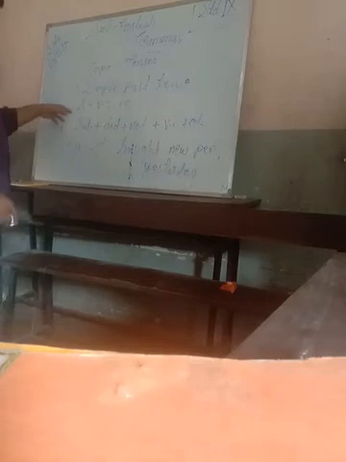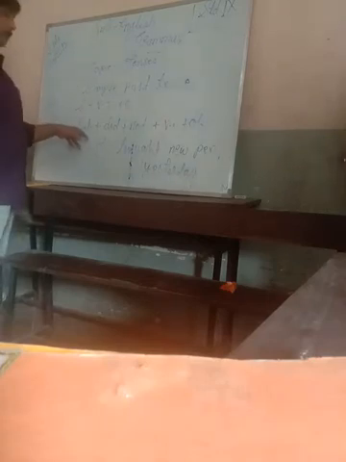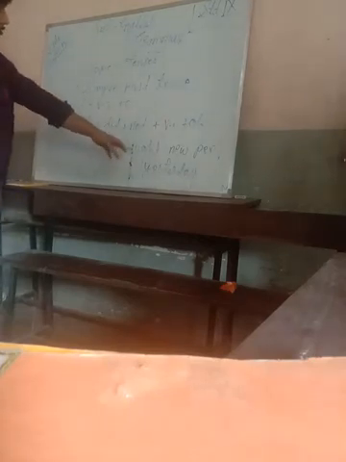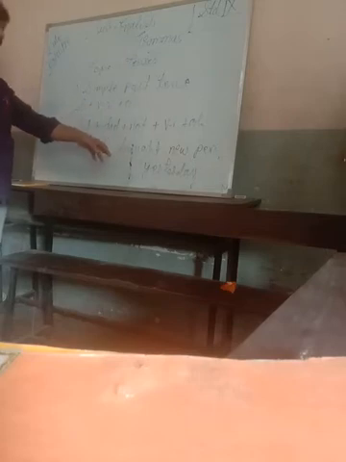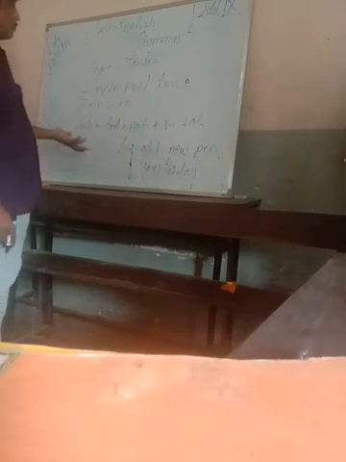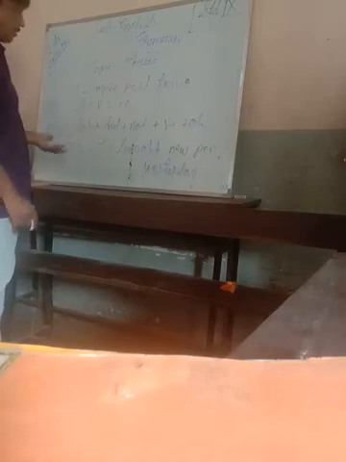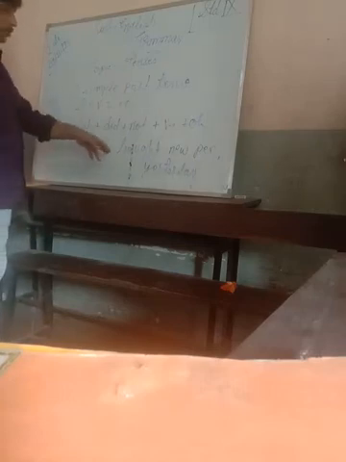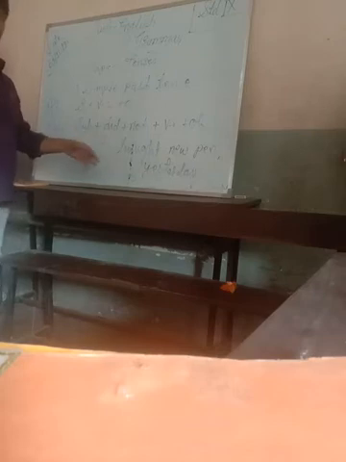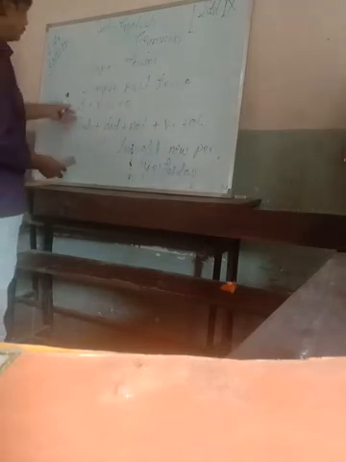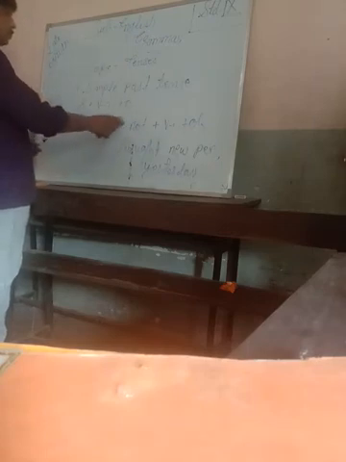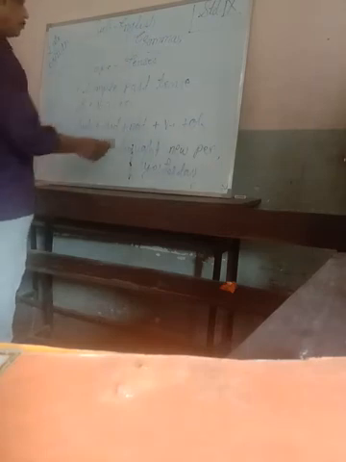Now we have to change it into negative, and all these words together actually make the simple past tense. This is a simple action of the past tense. Now we have to change it into negative. So we have the formula: subject plus did not plus V1 plus object.